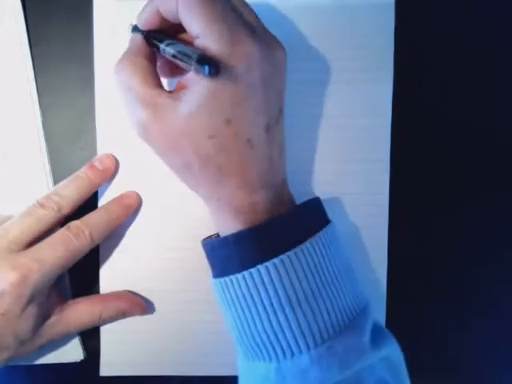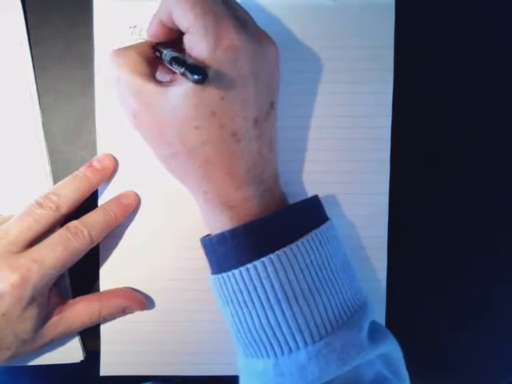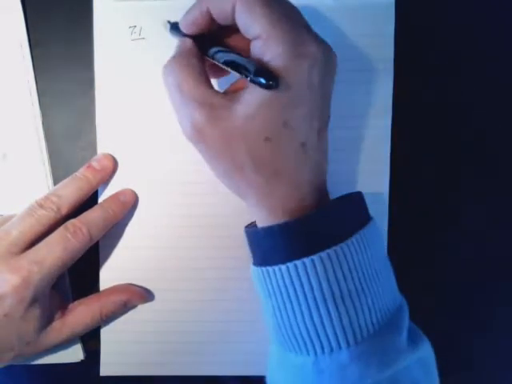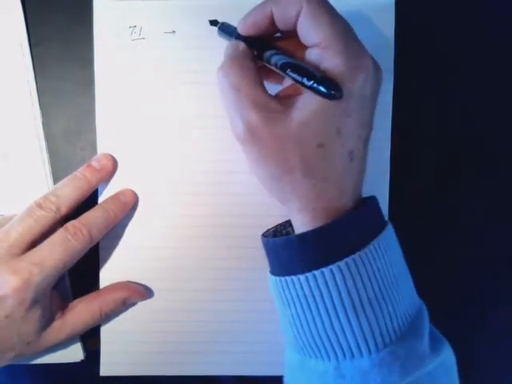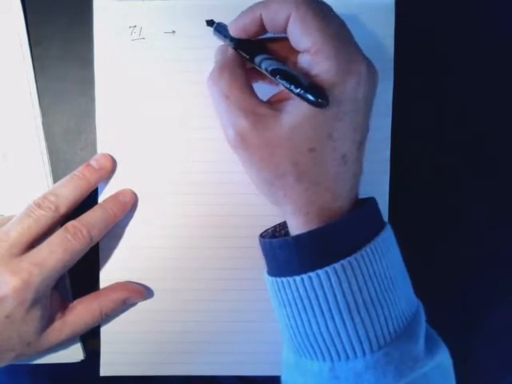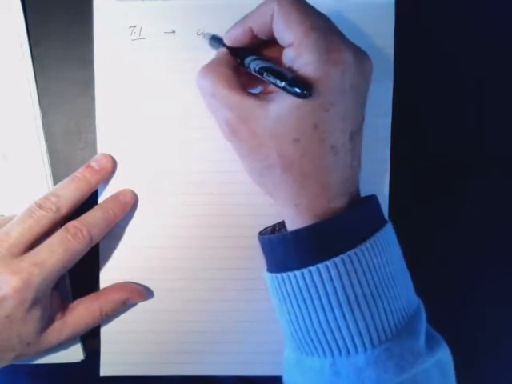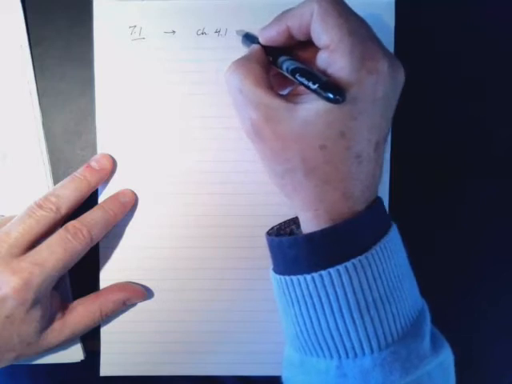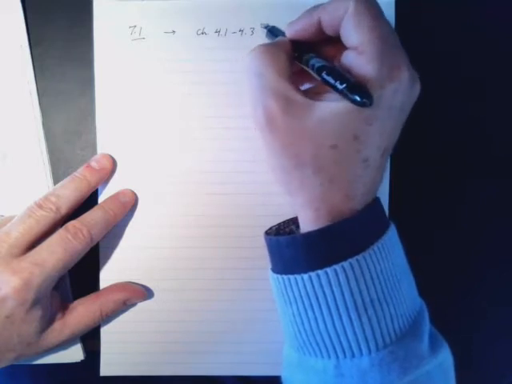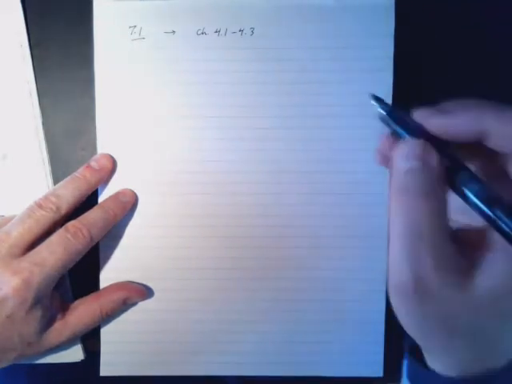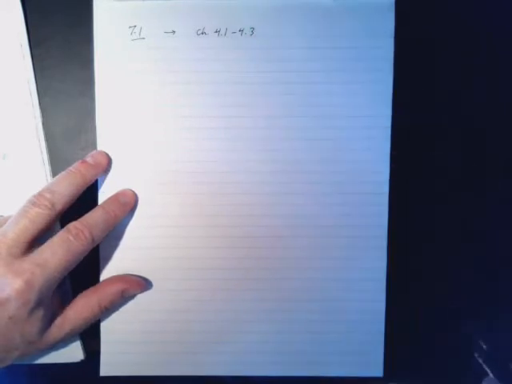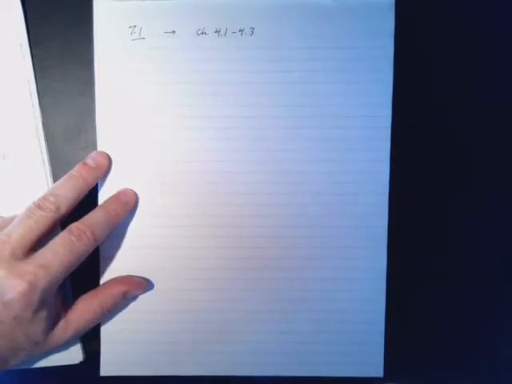So we are on Unit 7, and so this will be Lecture 7.1, and that corresponds to, in the textbook, let me look at the chart here, chapters 4.1, 4.3, and then chapter 4.4.1.